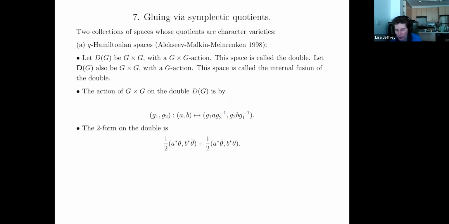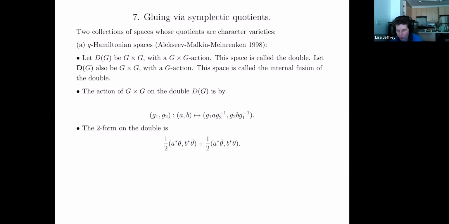So I wanted to describe how some of these results appear also in the work of Alekseev, Malkin, and Meinrenken on quasi-Hamiltonian spaces. We introduce what's called the double. These are two different notations, where the spaces are the same, but the group actions are different. Here you have an action of G cross G. And here, again, the space is still G cross G, and you're really using the diagonal G action.